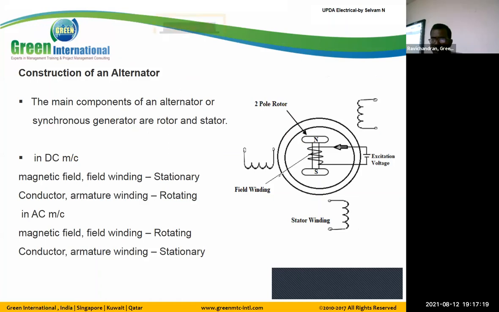So here, like this, for understanding, we have an alternator. This is the general concept. In the concept, we need field winding, that is this one, which is used to give the magnetic field.